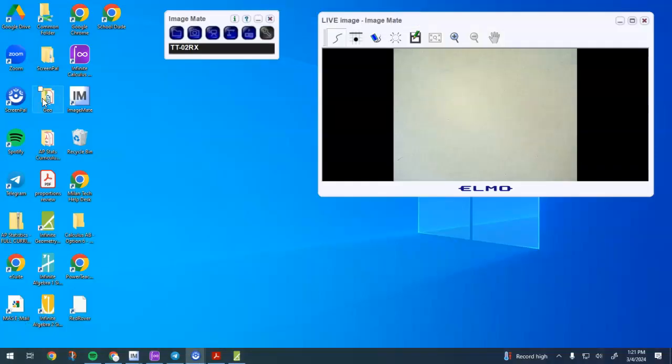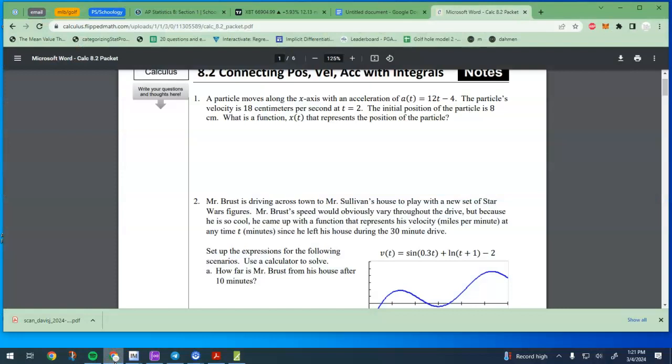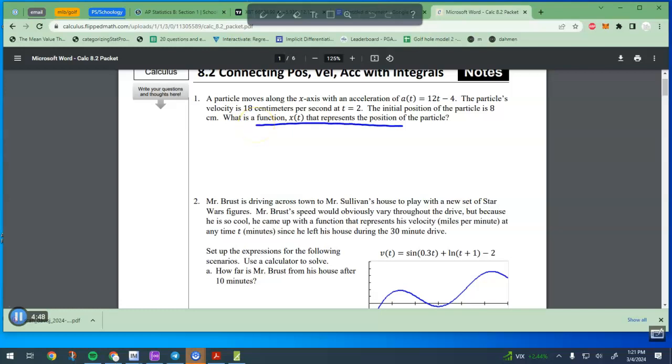Let's look at the ones that they have in the notes. So number 1, we got a particle with acceleration, then they give us information about velocity, information about the position. We gotta find out the position function. So I'm in acceleration, so I'm gonna have to integrate. There's gonna be a c. I'm gonna get enough information to find the c.